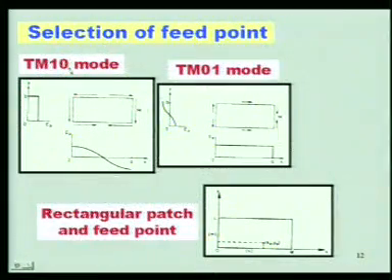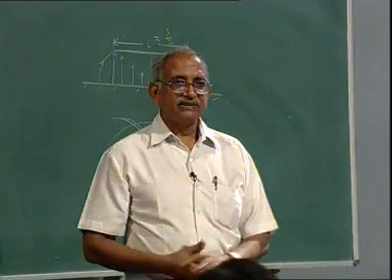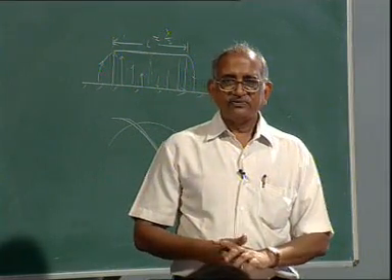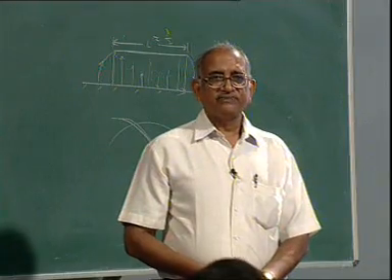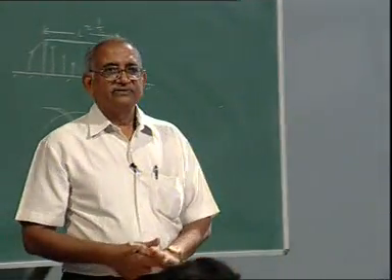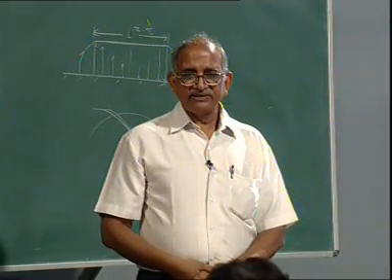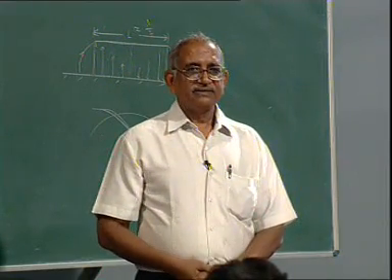That is the dominant mode in a rectangular microstrip patch antenna: TM10. Although it is a resonator type antenna, we are putting only two subscripts over here, not 3 subscripts, 10. Just like in the rectangular waveguide, the dominant mode of propagation is TE10, and the third subscript is not there.